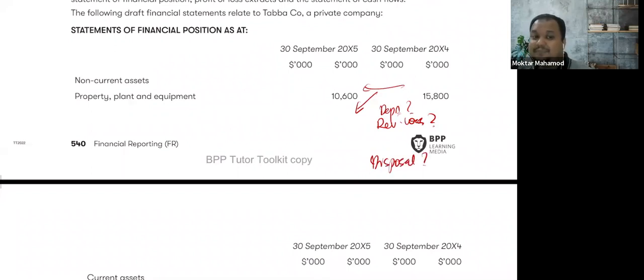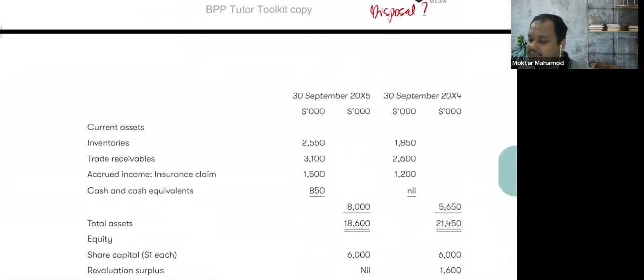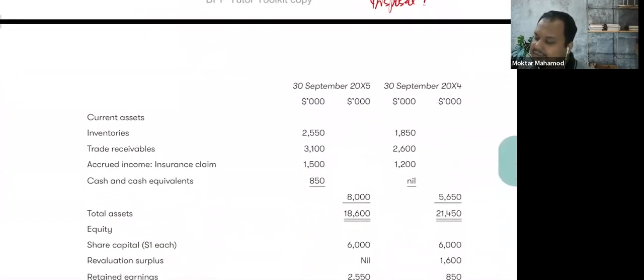But this is important for you to compare, in terms of the company performance. Inventory increased, so they did manage to sell the asset. Trade receivable also increased, so maybe the policy, they extended the credit terms to the customer.